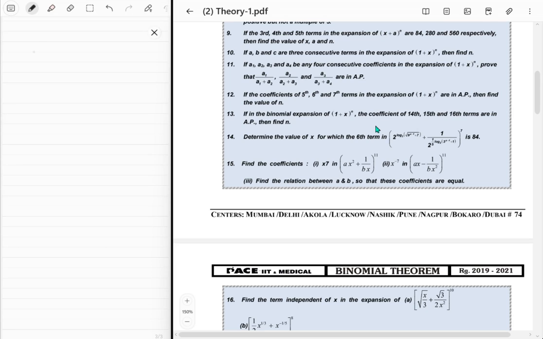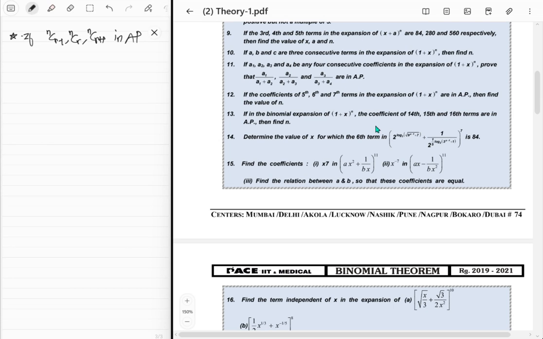Let's say our formula will be: if NC(R minus 1), NCR and NC(R plus 1) are in AP, then what should be the condition for N?